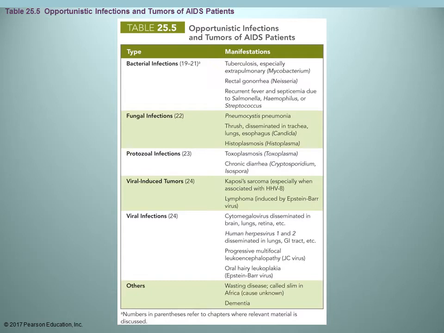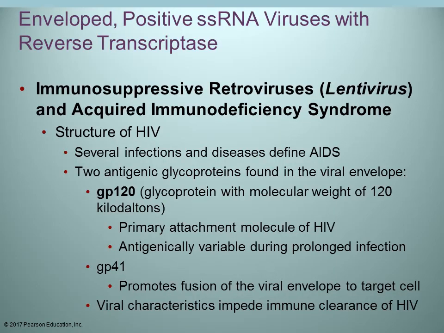So unfortunately, because, as the name implies, immunodeficiency, it allows for several opportunistic infections to take hold.